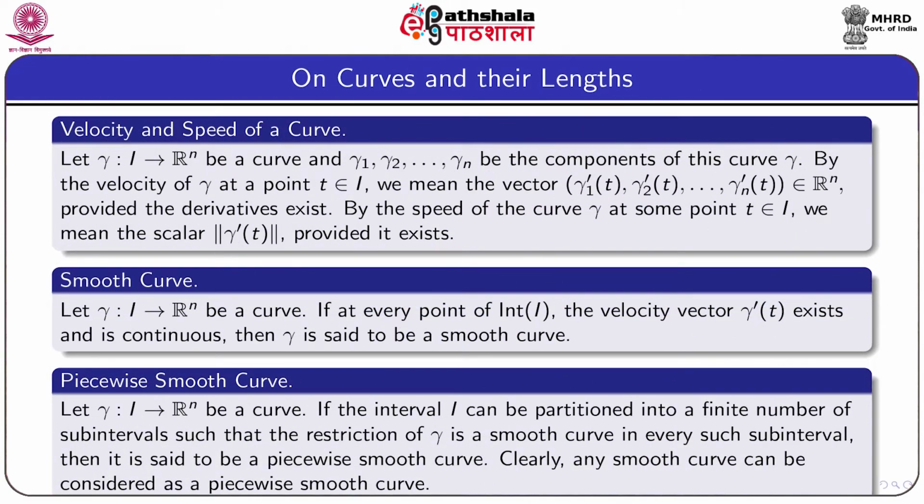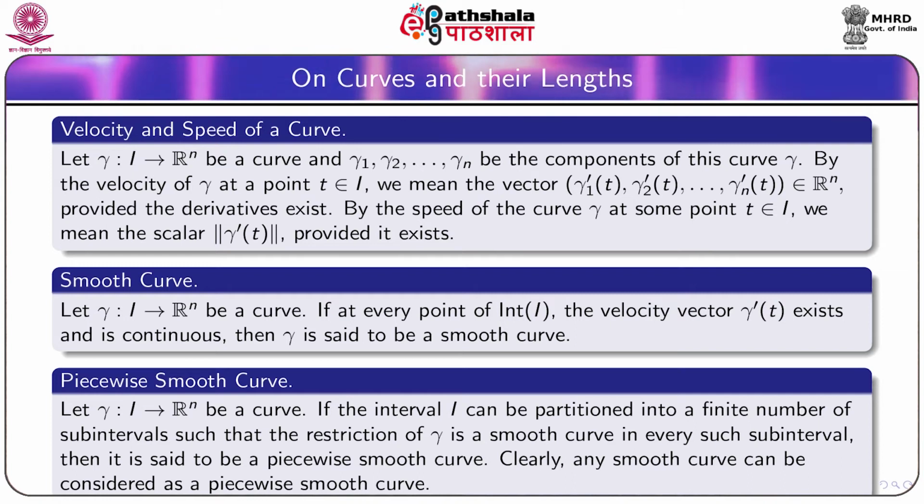We now recall the concepts of velocity and speed of a curve. Let gamma from I to Rn be a curve. Also let gamma 1, gamma 2 up to gamma n be the components of this curve gamma. By the velocity of gamma at a point t in I, we mean the vector given by the n tuple gamma 1 dash t, gamma 2 dash t up to gamma n dash t, provided all these derivatives exist.